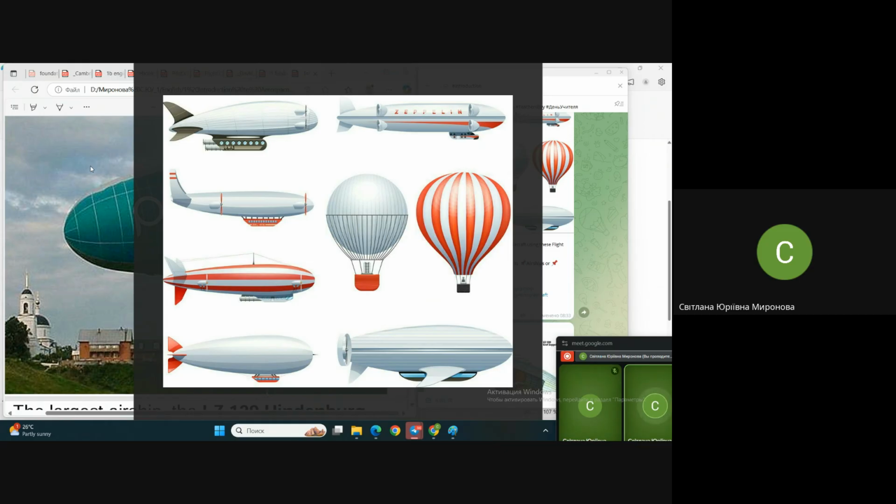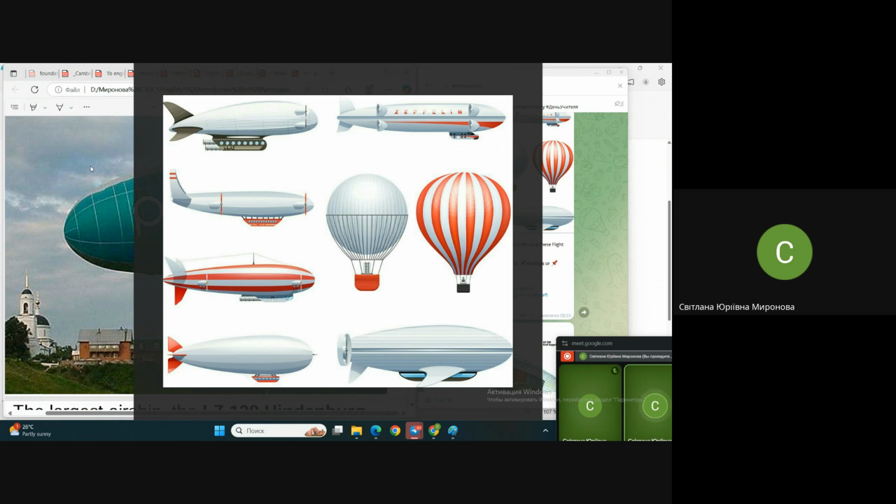Right now, you see a rather similar design, at first sight very similar design, of these dirigibles or blimps or airships, however you may call them. And not far from them, you might see a demonstration of two types of air balloons.